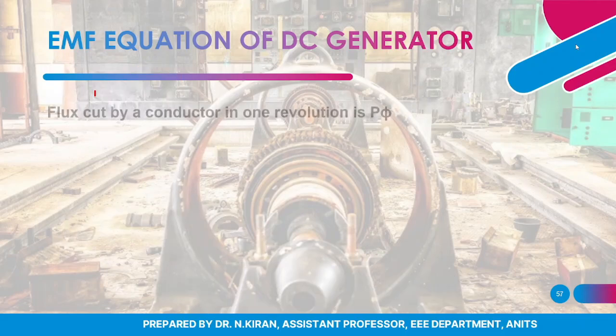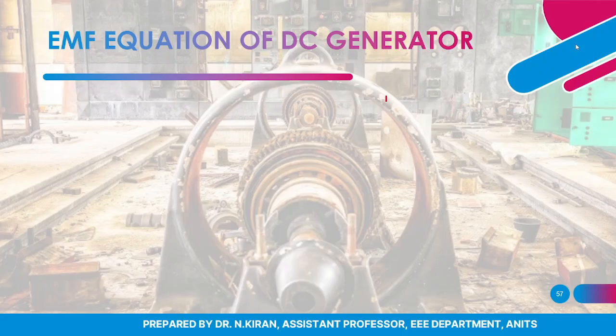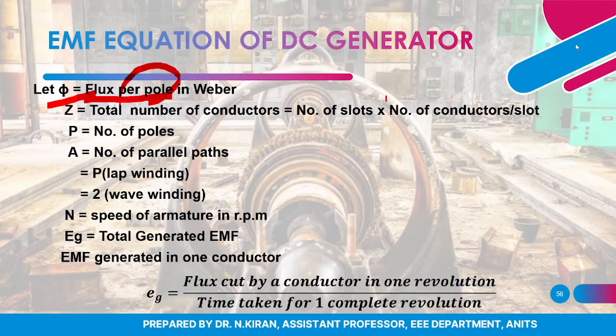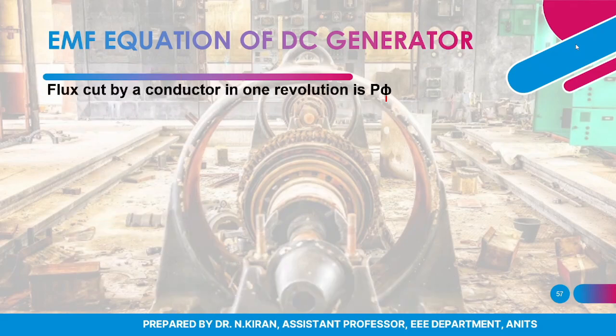So what is the total flux cut by a conductor in one complete revolution? P into phi, because P is the total number of poles and phi is the flux cut by a single pole. So the total flux cut by a conductor in one complete revolution is nothing but P into phi.